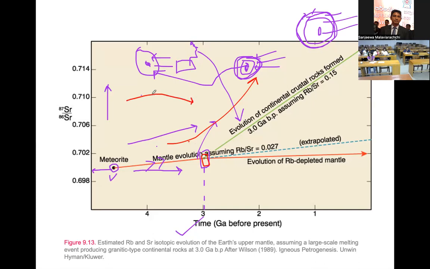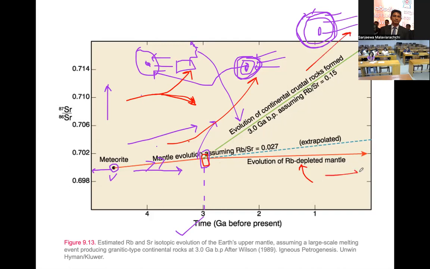The continental crust will be increasing or evolving like that, and because of that loss, the mantle depletes like this in terms of rubidium and strontium. So the rubidium depleted mantle line is evolving like that until present day, right? In the depleted mantle, it's continuing this evolution, whereas in the continental crust, it is evolving like that, right?